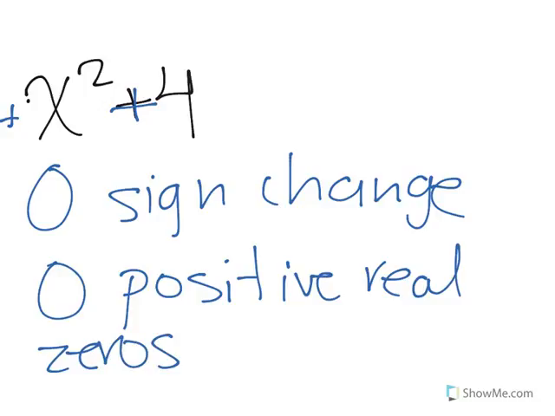Even though this shortcut doesn't say anything about the total number of zeros, we know that this function doesn't have any positive real zeros. And by looking at the graph, we actually find that it has no zeros at all. But with this shortcut, we can only say something about the number of positive real zeros.